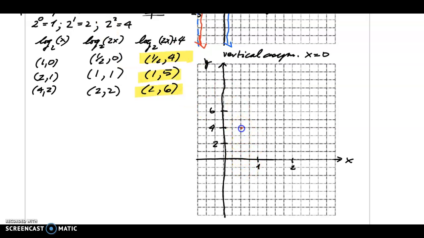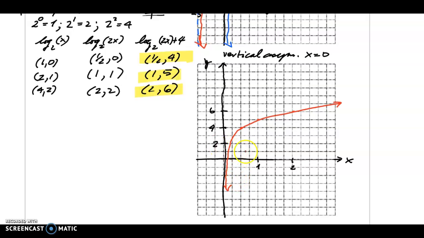So a half at 1 point. At 1, it'll be 5. And then at 2, it's got to be 6. So it's got to be up here. So I'm going to come up along here. And there you go.